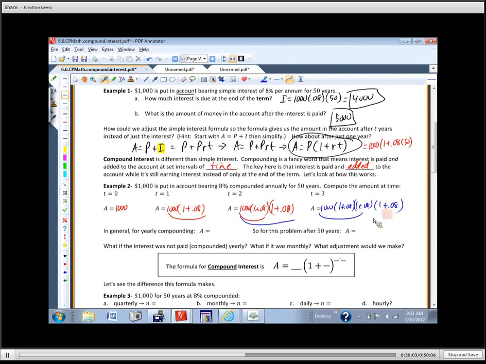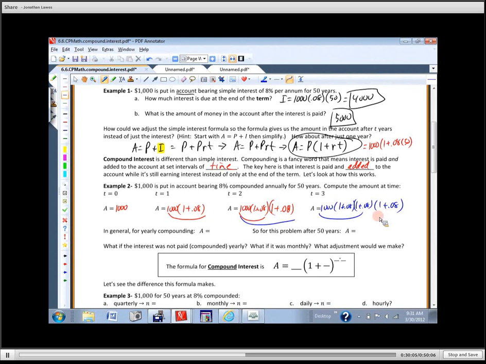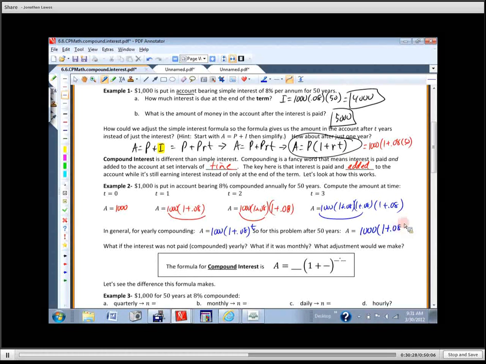For 3 years, there are 3. What about 4 years? There'd be 4 of them. So this would be 1,000 times 1.08 raised to the t after t years. So for our problem, this is going to be 1,000 times 1 plus 0.08 raised to the 50th.